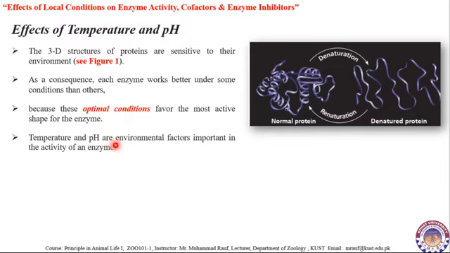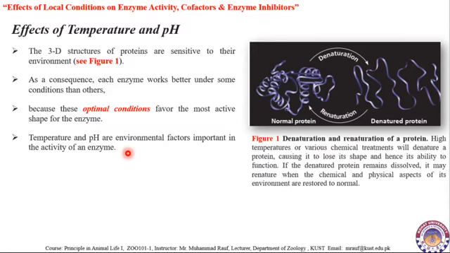Temperature and pH are environmental factors important in the activity of an enzyme. On the right side of your screen, you can see a normal protein perfectly molded into its three-dimensional structure, and upon denaturation, the structure is completely distorted, and as a result, now this protein is unable to perform the function for which it was produced.